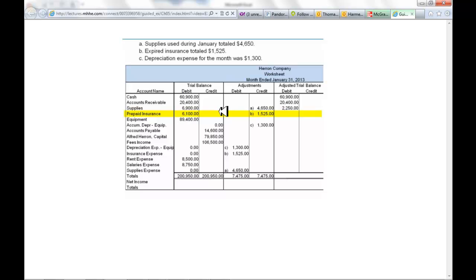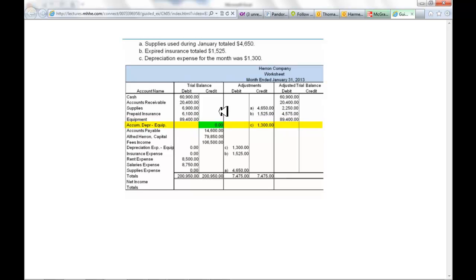Prepaid insurance, unadjusted balance $6,100. We reduced the asset, crediting prepaid insurance by $1,525 for a net debit balance of $4,575. The balance in the equipment account didn't change. It stays at the asset's cost, $89,400.